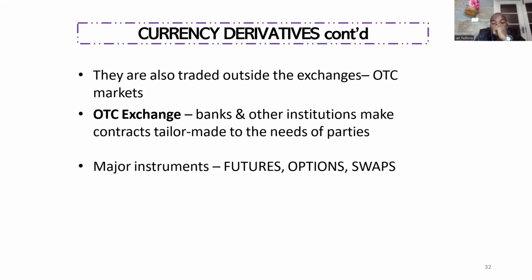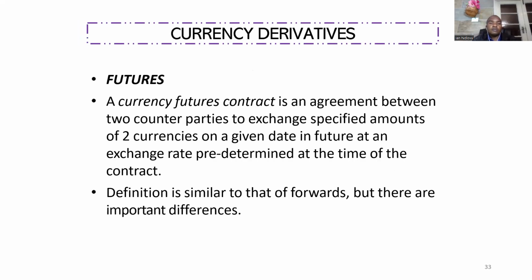Major instruments are futures, swaps, and options. We've got futures, options, and swaps. When you are looking at futures, I know you already know this, but I'm delivering this lecture as a way of revision, in case some have forgotten this concept.